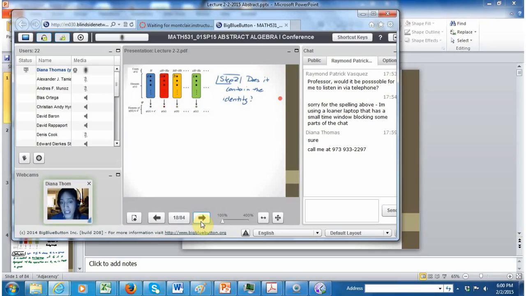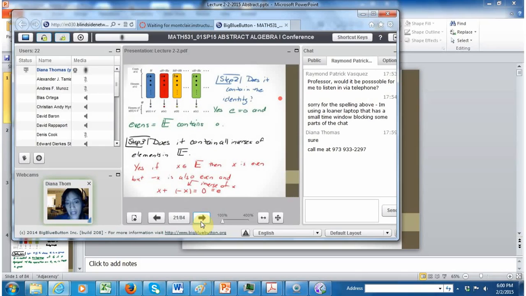Step 2, does it contain the identity? Well, in the big set, the identity was 0, and the evens contains 0, so we're fine. It contains the identity. Does it contain all inverse elements? Well, that means that I should be able to get back to 0, and the negative of any even number is also even, and those are the inverses under Z. So therefore, the evens all have inverses contained inside their set.